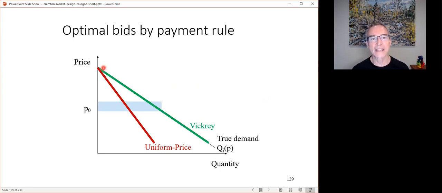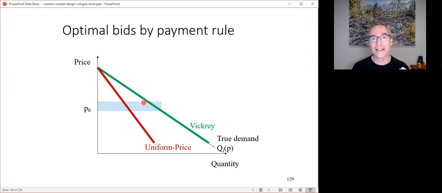As we win more and more quantity, moving farther and farther to the right, my incentive to shade my bid increases. The reason is that I'm winning more and more quantity, and every euro I save by shading my bid, I'm going to enjoy on the larger quantity.